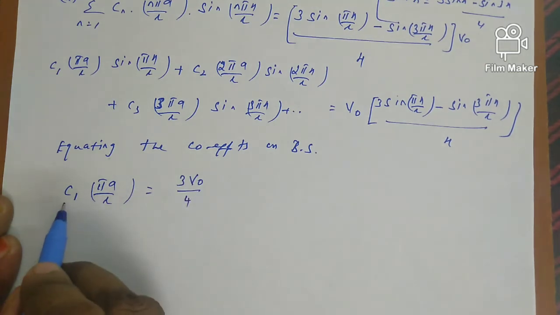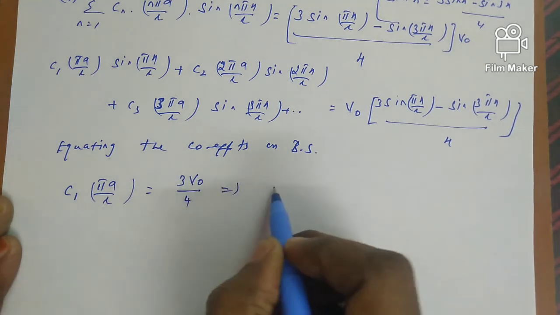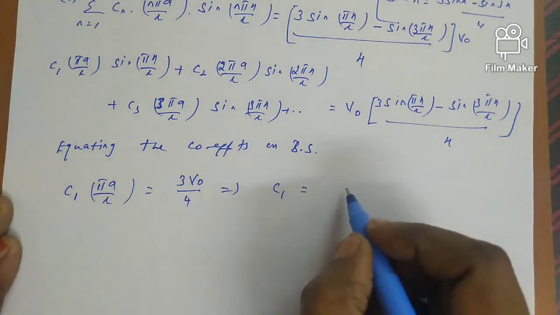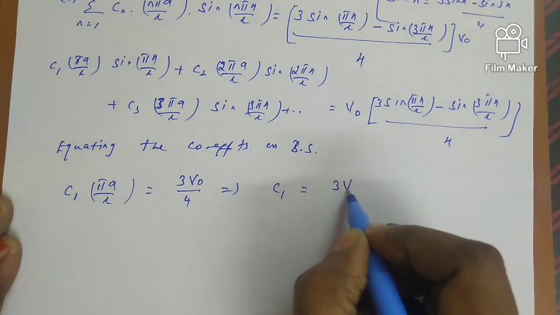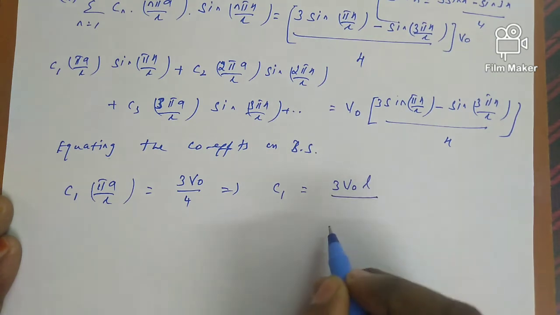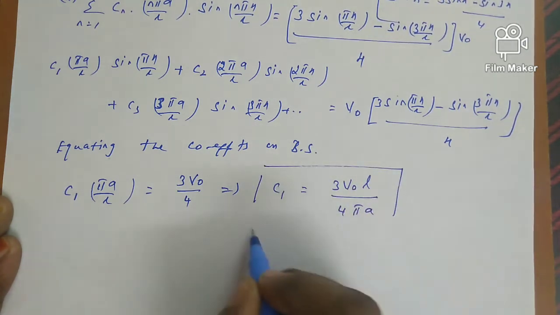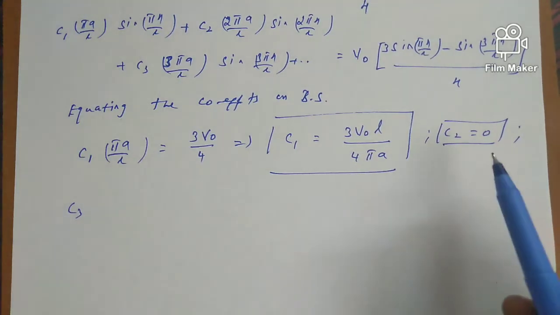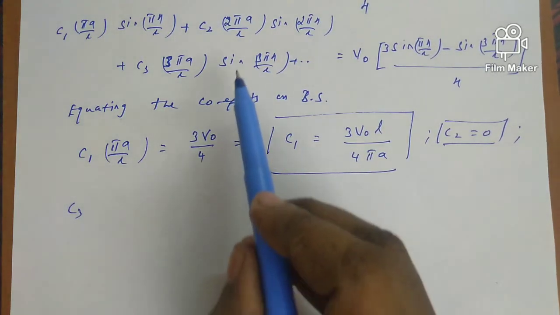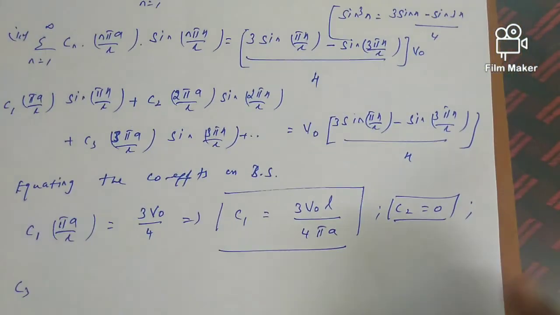We need only the value of C1, which implies, cross multiplying, C1 equals 3v0 L divided by 4πa. So this is our C1. C2 equals 0 because there is no sin(2πx/L) term on the right hand side. Therefore, C2 equals 0.